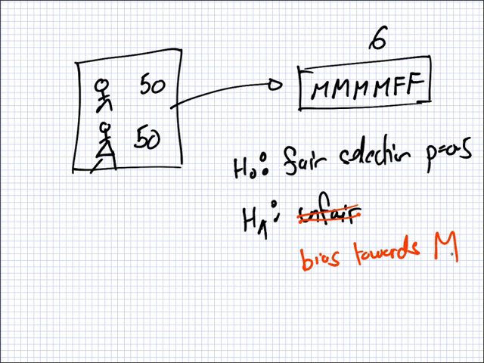So in the first case, we've considered the possibility that it's fair versus it's unfair, that there's some bias towards one of the genders, but I didn't say which gender. In this case, it's fair versus the alternative explanation that there's bias towards male. I am no longer considering that the teacher is biased towards female students.